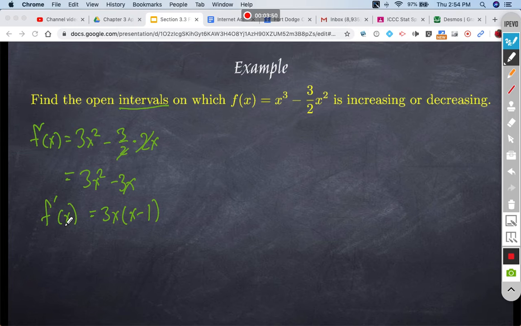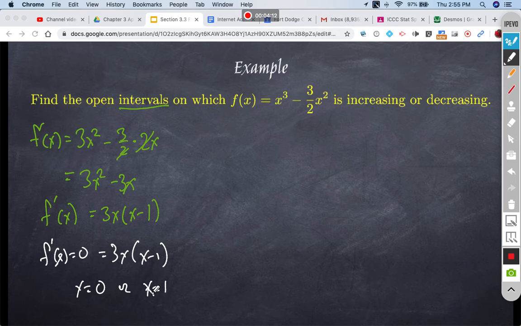The only place it can switch from being negative to positive or positive to negative is if it goes through 0. So we're going to look and see where the first derivative equals 0. And that's going to give me x equals 0 or x equals 1.